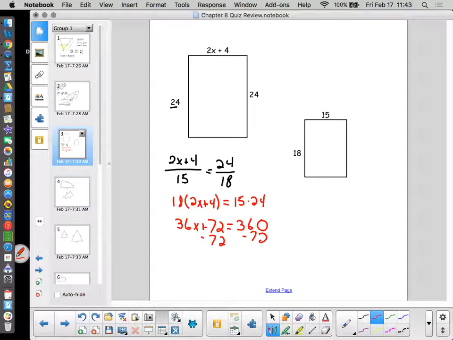Subtract the 72, I get 36x equals 288. Divide by 36. And 288 divided by 36 is what? 8? 8 would be 240 plus 48. Yes, 8 is correct. Okay? We got our solution.